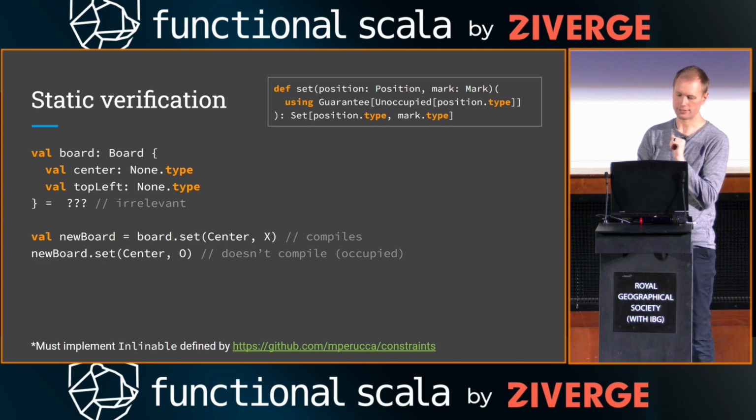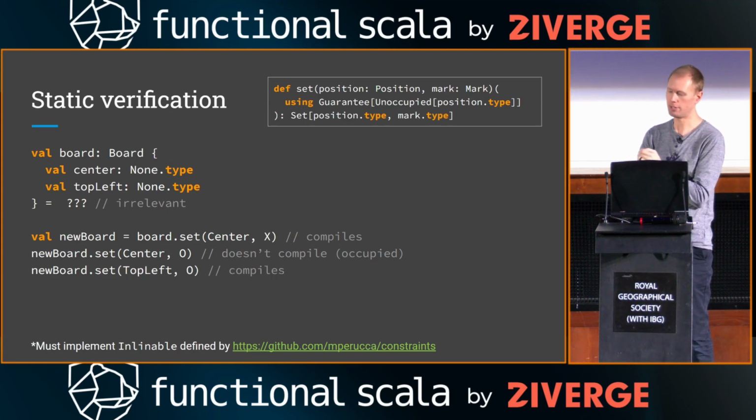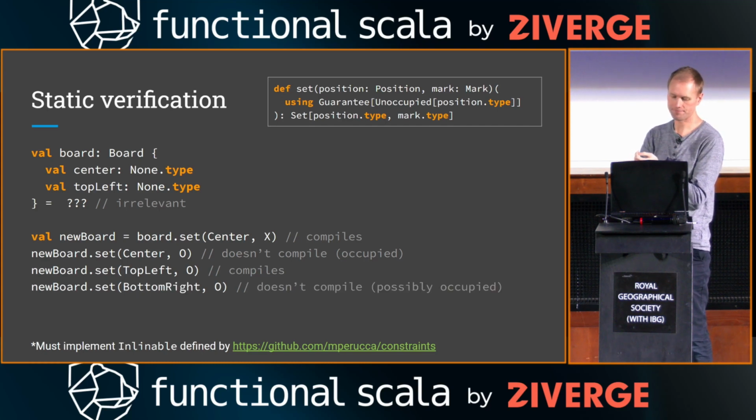And if you set the center to O on the return of that board, that's going to be occupied, so that's not going to work. Now, if you set the top left, that will work because it's still unoccupied. But if you set the bottom right, then we don't actually know if that's unoccupied or not. So it doesn't compile because it's going to be safe. Try to keep you safe. It might be an accident.